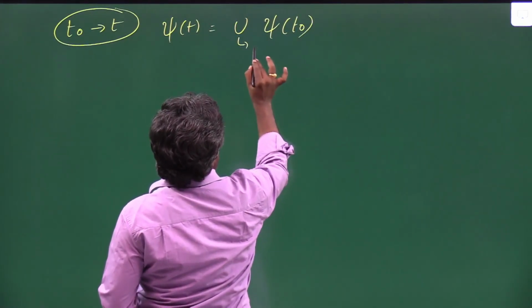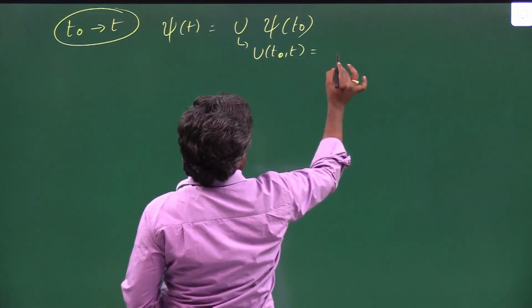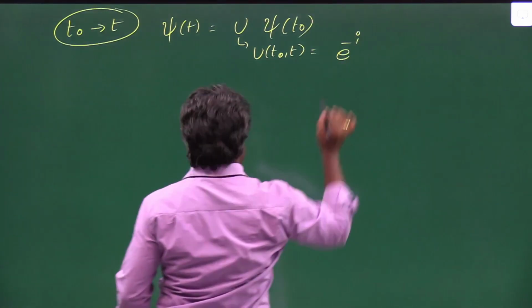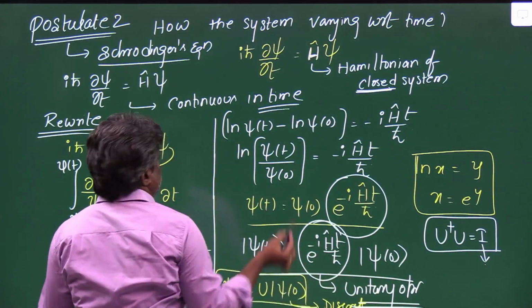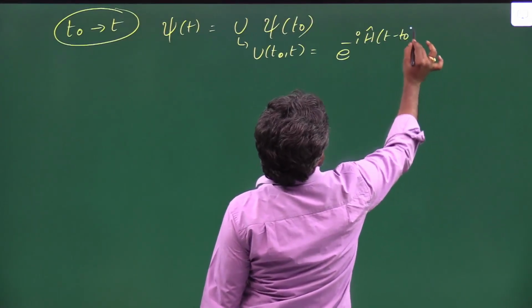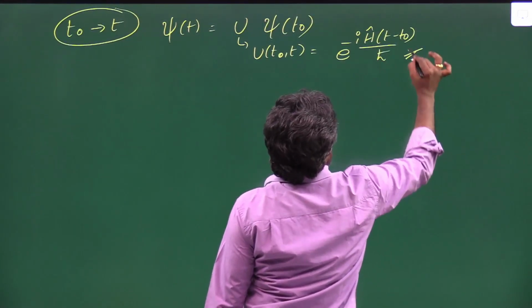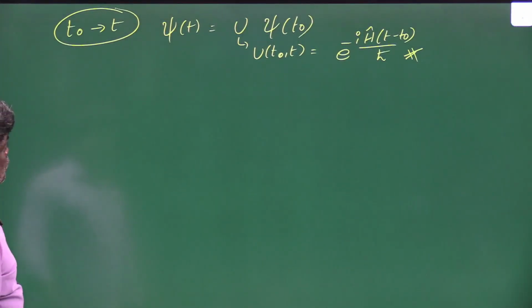Now this operator contains both t naught comma t, which is nothing but e raised to minus iota, sir, Hamiltonian, this is H times t minus t naught by h cross. That's it. So this is about postulate 2.